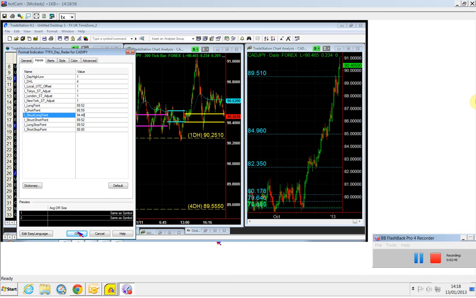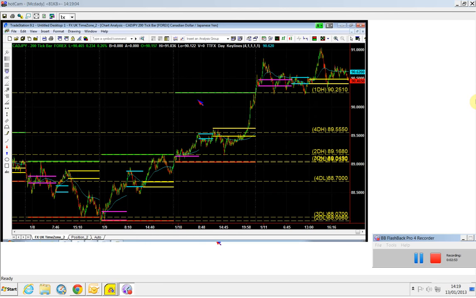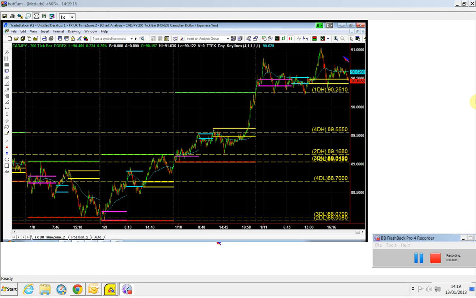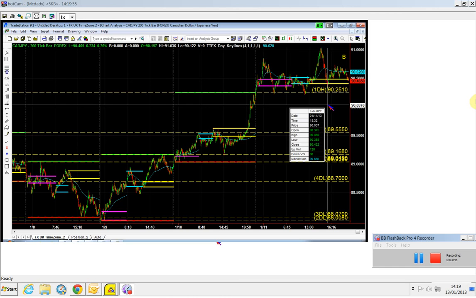now where will I buy this? We can buy it above 90.80, and if I buy it right there, I'll place my stop right here, right below this, which is 90.35.